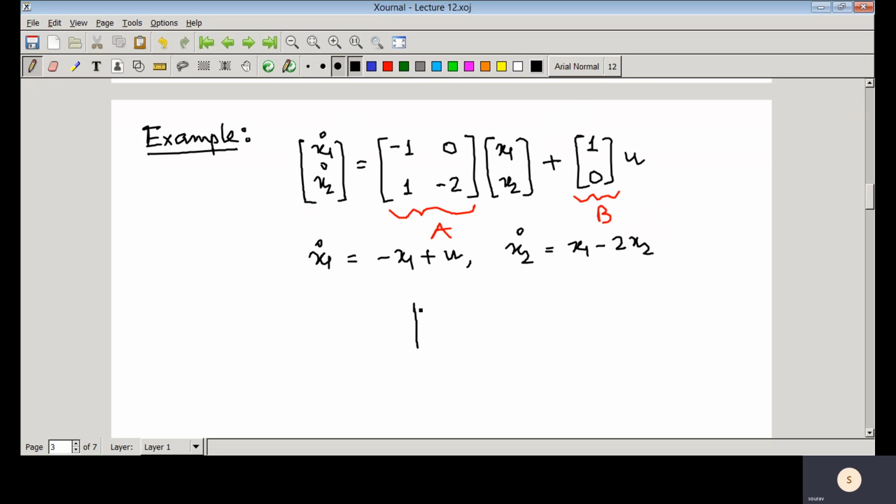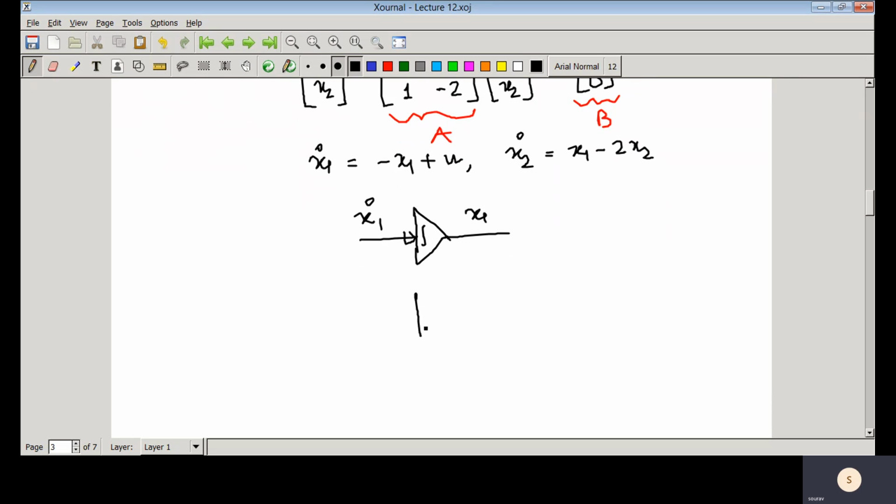So now if we draw the state diagram, we have the first state, where we take the integration, so that x1 dot, and here you have another state, that is x2 dot, and here you have x2. The first equation is x1 dot equal to minus x1 plus the control input u.